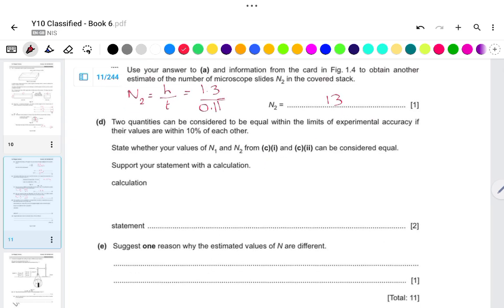So I'm going to do 14 minus 13 over 14 plus 13 over 2 and get that in percentage. So times 100% will give me 7.41%. Perfect, it's within 10.